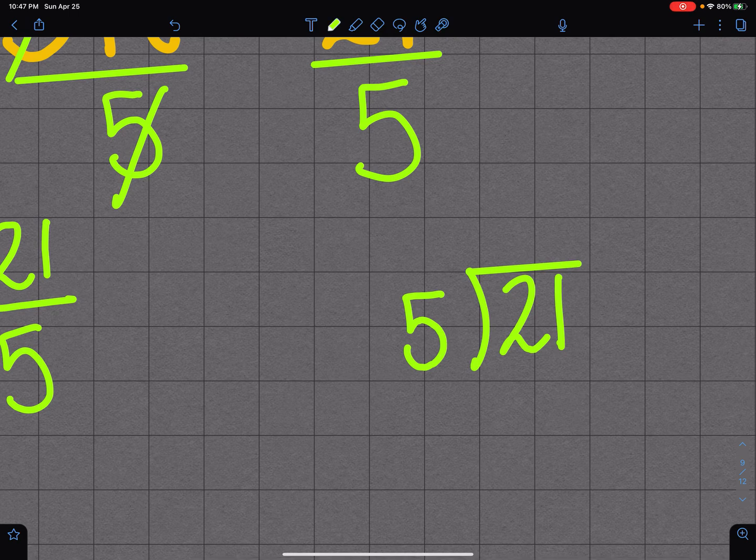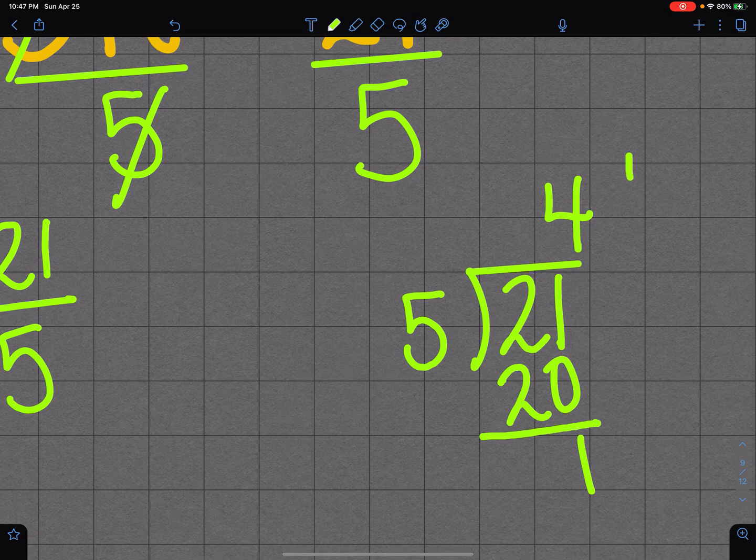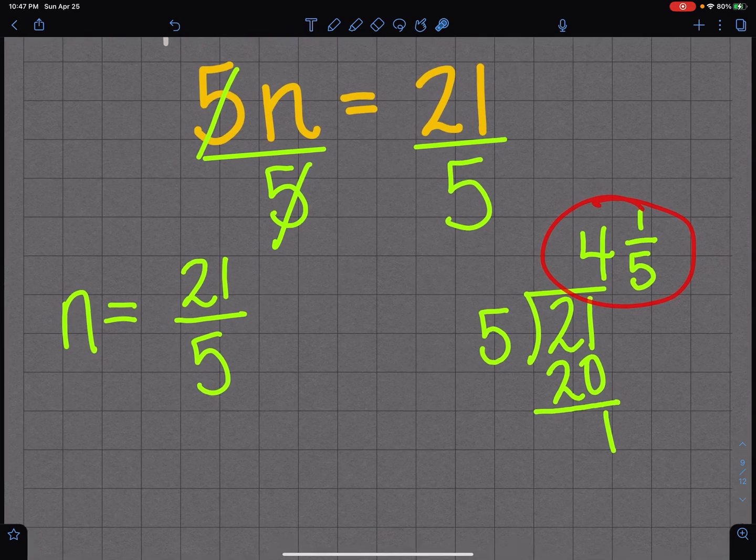But 5 goes into 20 4 times. 4 times 5 is 20. I have 1 left over. So it's remainder 1, or you can say 4 and 1/5. Because you take that 1 and you put it over this factor. Okay? So it's 4 and 1/5 is the answer.